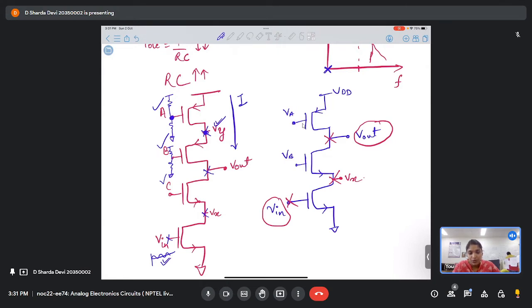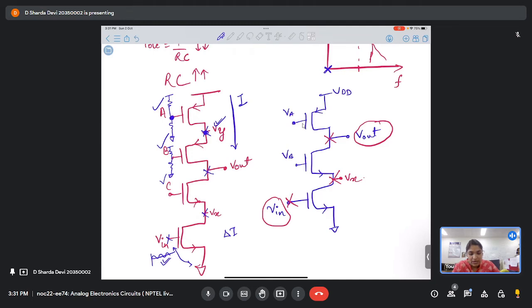So VGS is now not fixed. The VGS is changing. This change in VGS will introduce a delta I amount of current, and that current needs to be maintained throughout the circuit, right?